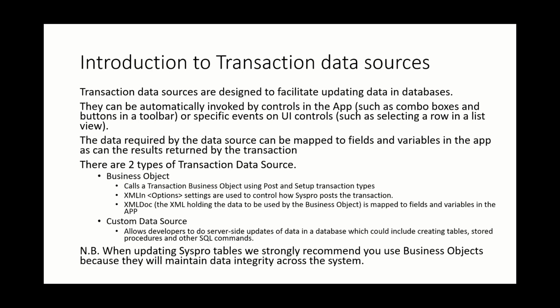The XML in of those business objects control how Syspro posts the transaction. And another XML document, I tend to call it XML doc, holds the data which the business object is going to be giving to the database or the system, so that it can update the data. And this data is the data that's mapped to fields and variables in the app.